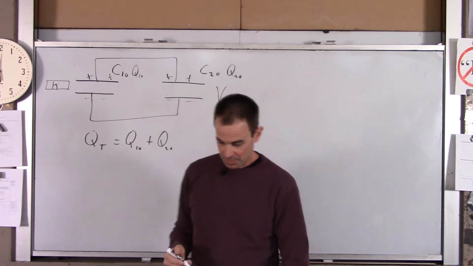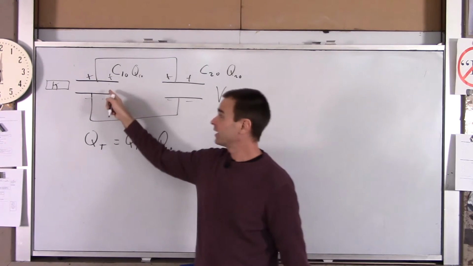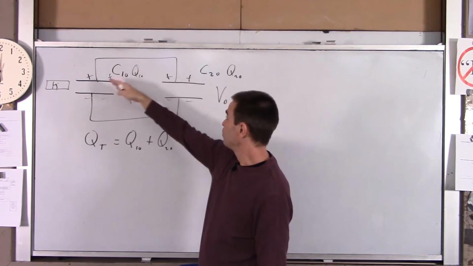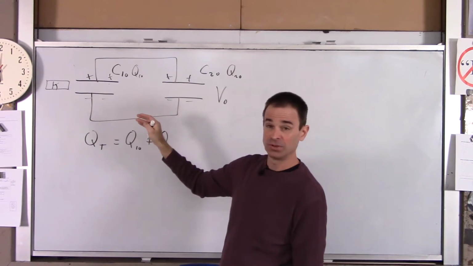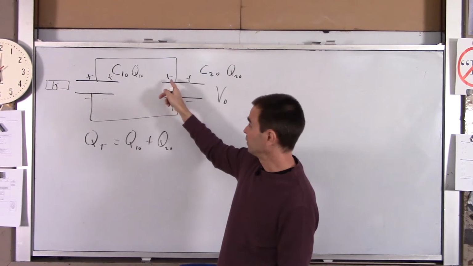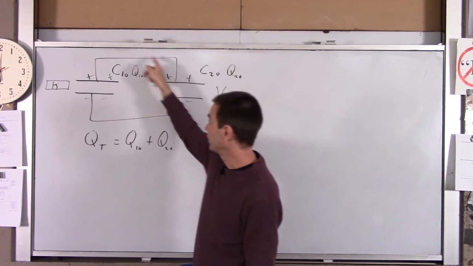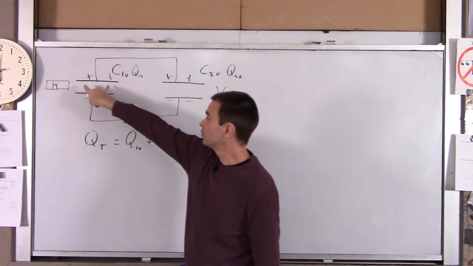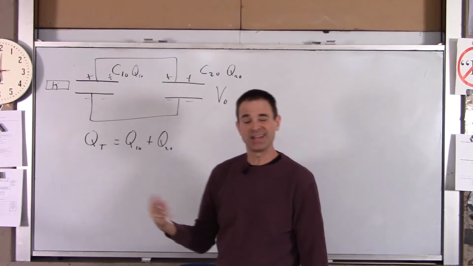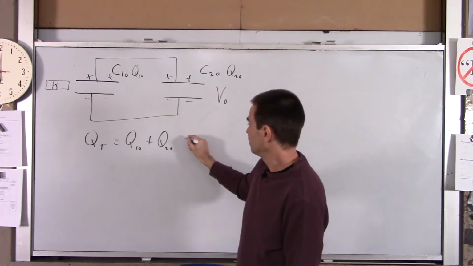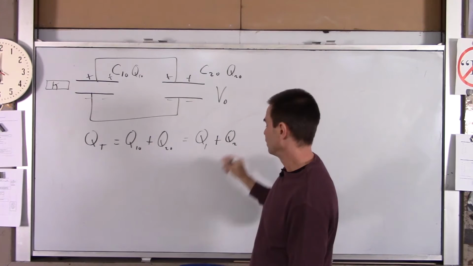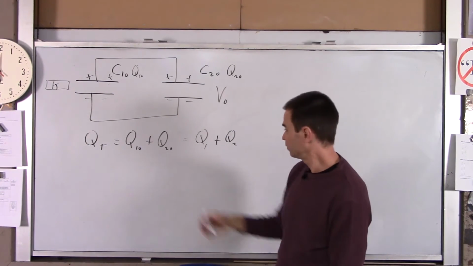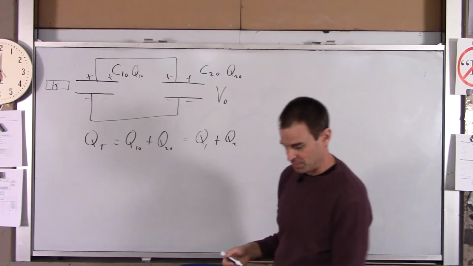When I insert the dielectric, these charges may move around, but the total isn't going to change. For instance, say some of these migrate over to here. The total charge on this plate and this plate added together is still the same. So this is going to be Q1 plus Q2, and those are the final values of Q. The total before and the total after are the same.